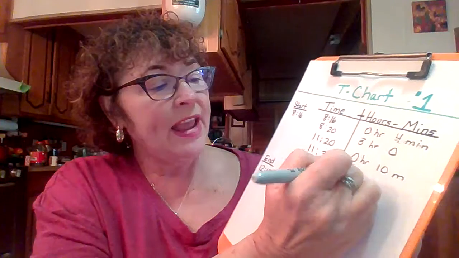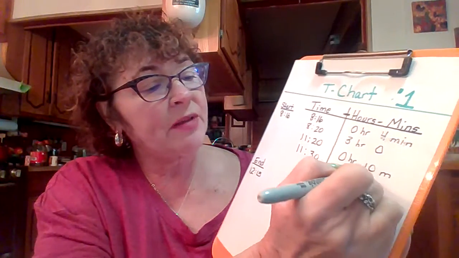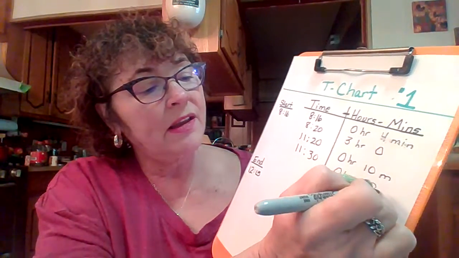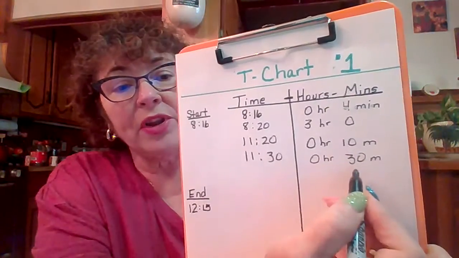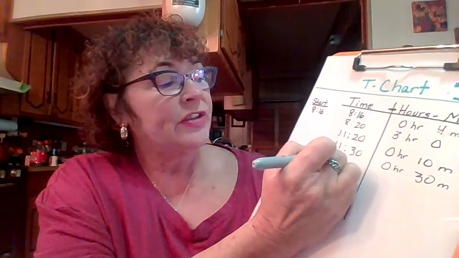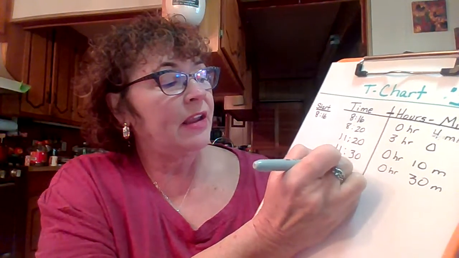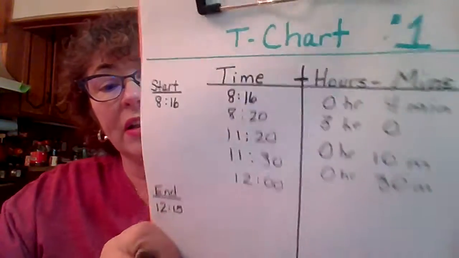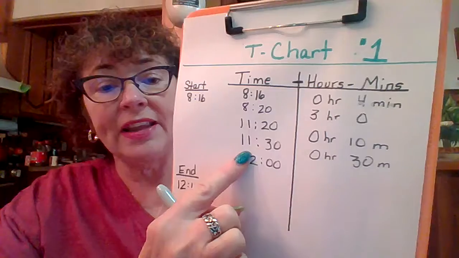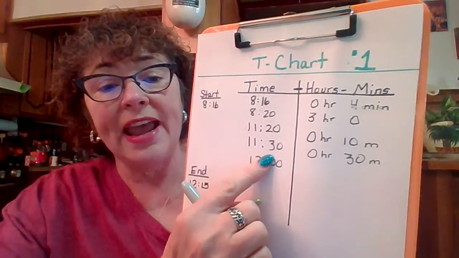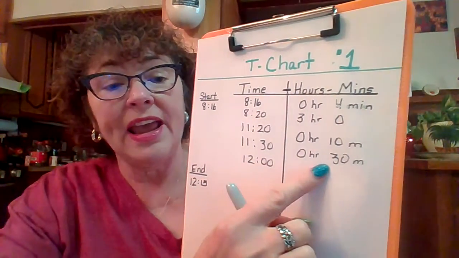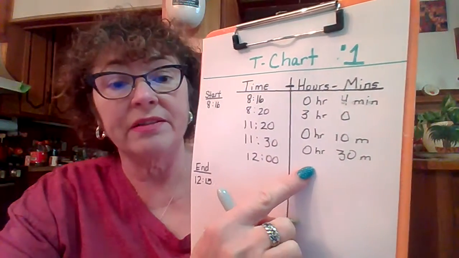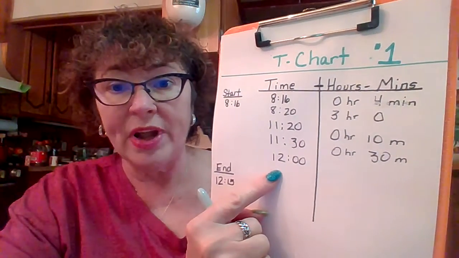So I'm not going to add any hours, but I'm going to put 30 minutes. So that takes me to 12 o'clock. Y'all see how I did that? I had 11:30, I added 30 minutes onto it, and I got to 12.